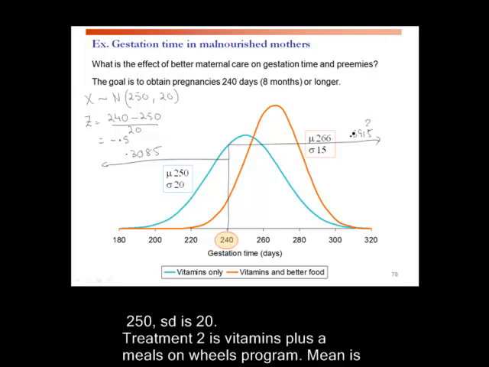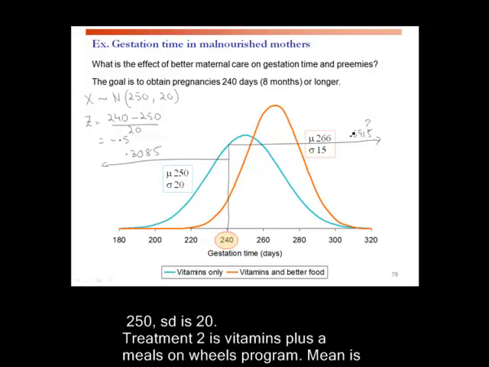Or in other words, what percentile score is 240? 30.85. Very good. Because percentile by definition is the area to the left.